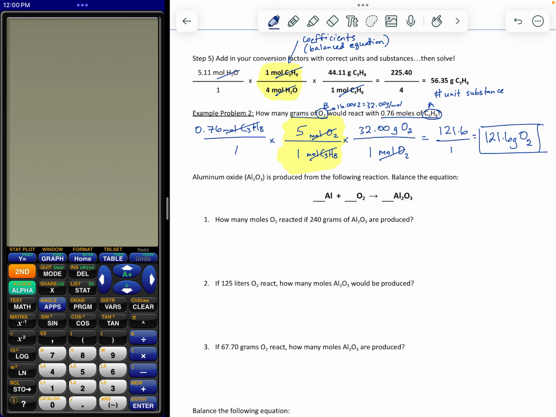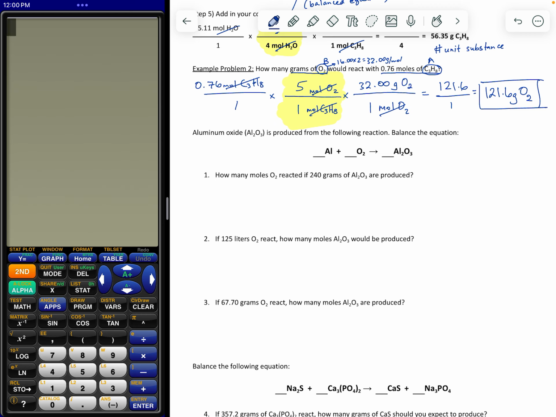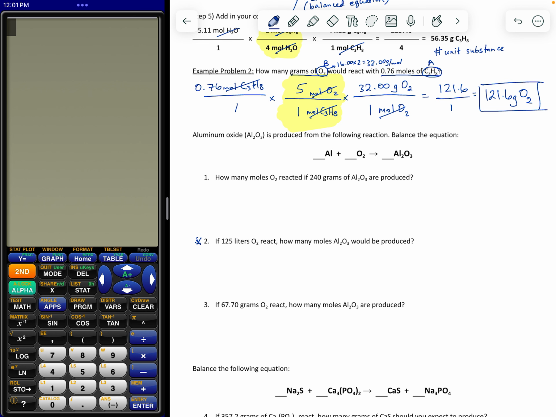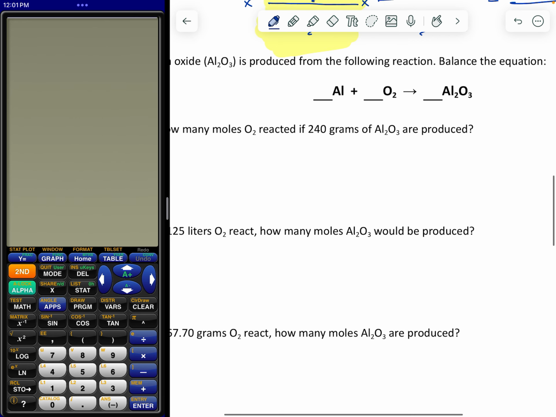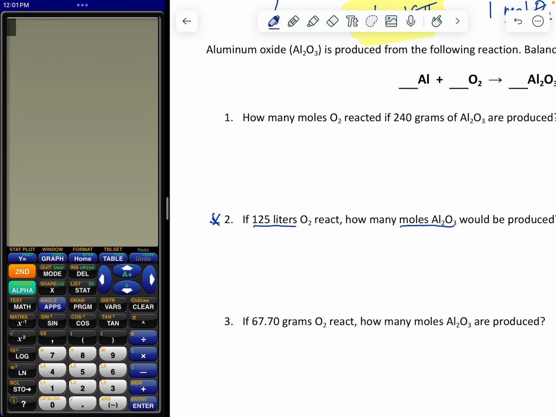Let's try one where we'd have to go through a couple more steps. Let's do number 2 here. So I want to go from moles. Well, I'm sorry. I have liters, and this is what the substance is that I have it for.